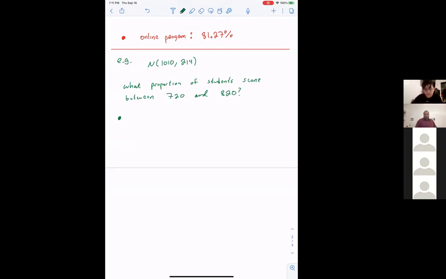How would I use the table? First, strategically, before we actually get into the math, how would I use the table to determine the probability of being between 720 and 820? Because remember, the only thing the table can give you is the area to the left of a number.